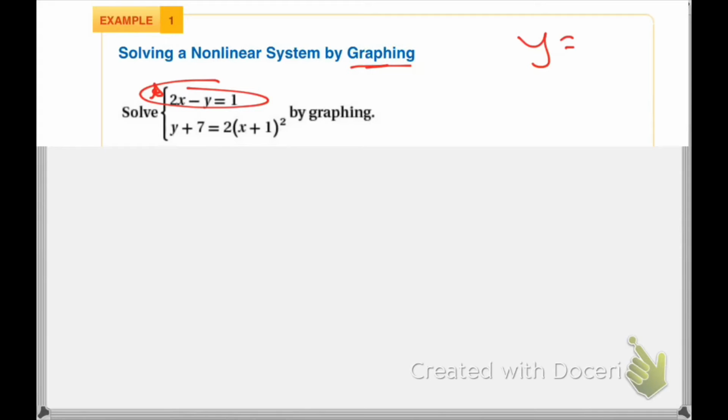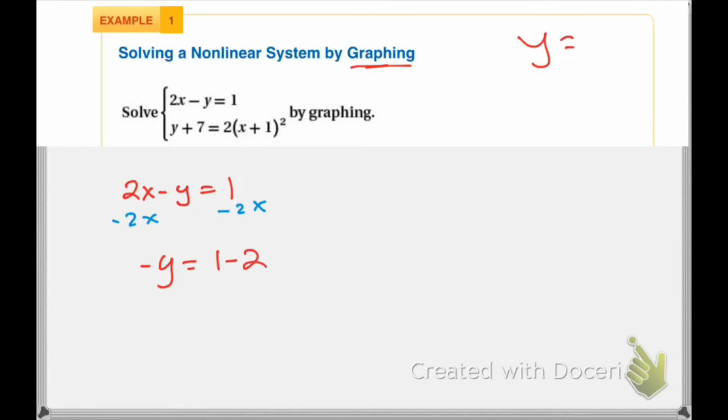Notice I don't have it in y equals, so I have to do a little bit of algebra to solve for y. So our first one, I have 2x minus y equals 1. I'm going to subtract 2x from both sides. That gives me negative y is equal to 1 minus 2x.